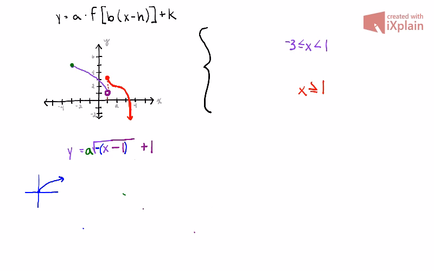I am going to work with my endpoint here. So I'm going to work with point -3, 5. Let me clear this out so I have some room. What I'm going to do is drop those values in. I know y is equivalent to 5. I am solving for a.